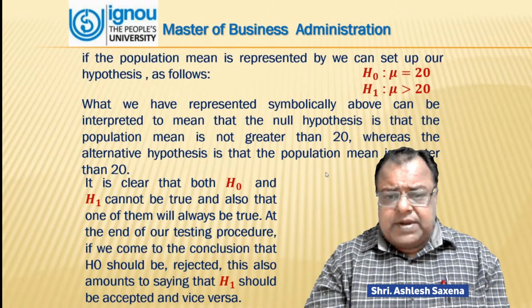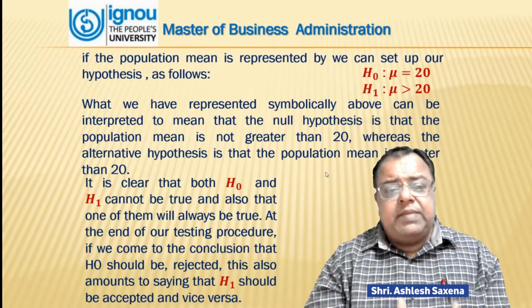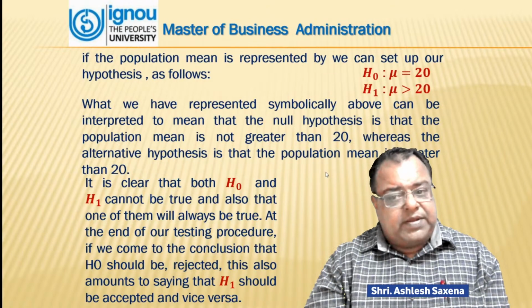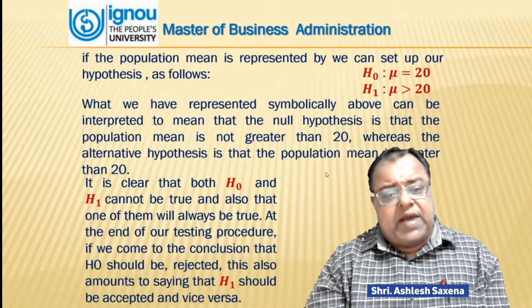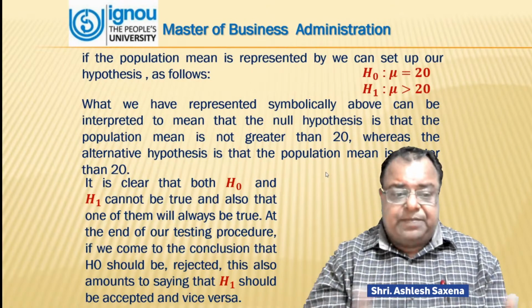What we have represented symbolically above can be interpreted to mean that the null hypothesis is that the population mean is not greater than 20, whereas the alternative hypothesis is that the population mean is greater than 20.